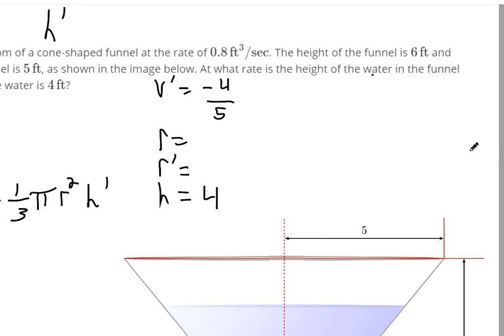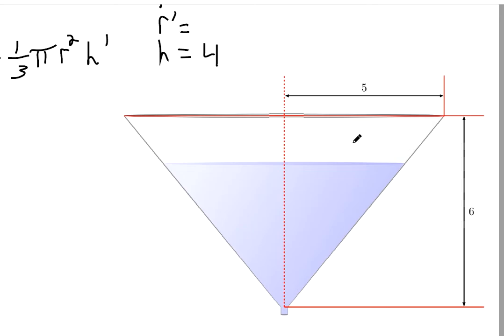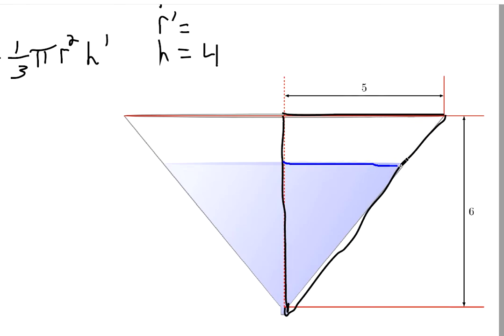So where are we going to get R and R prime from? Well, it's from the similar triangles, just like we did in the last question. The two triangles we can look at are this triangle I've drawn in black, and then I'll use blue for the water triangle. They're similar triangles because one triangle is perfectly inscribed in the other.